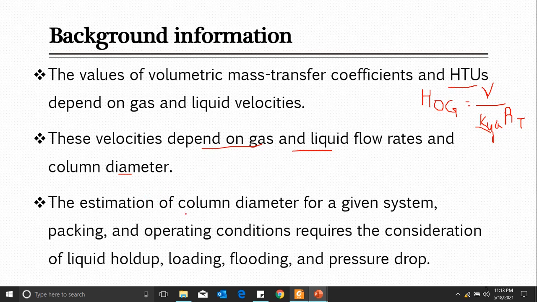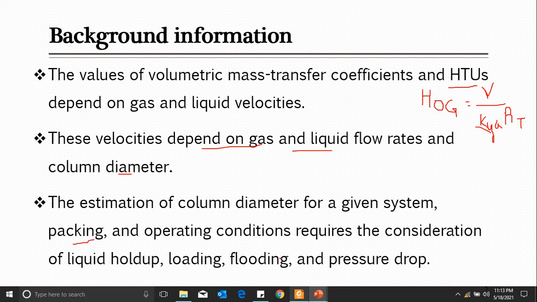So at the end of the day, the main parameter related to design is the column diameter. For any given system, the design of a packed column will depend on a number of interlinked things: the packing type, its properties like material, and then loading, liquid hold up, flooding, and the pressure drop.